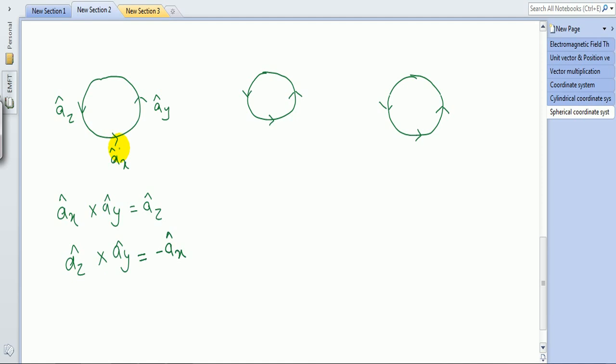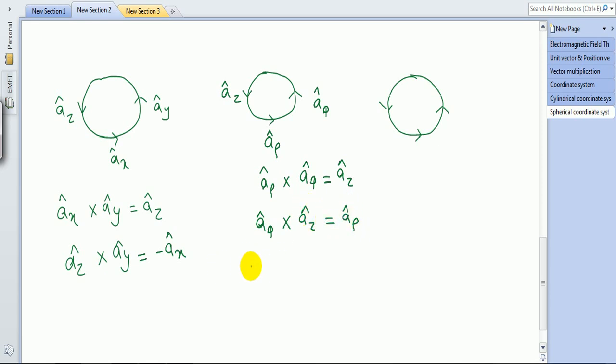Similarly, for the cylindrical coordinate system also, here a rho, a phi and az. If I take the cross product of a rho cap with a phi cap, it will give you az cap, and a phi cap cross az cap will give you a rho cap.